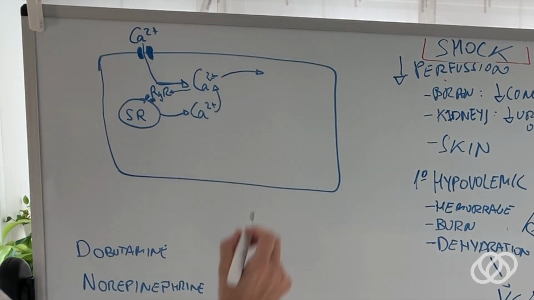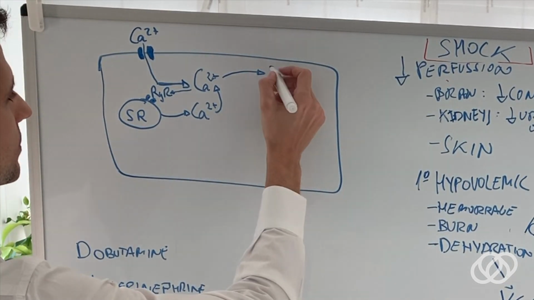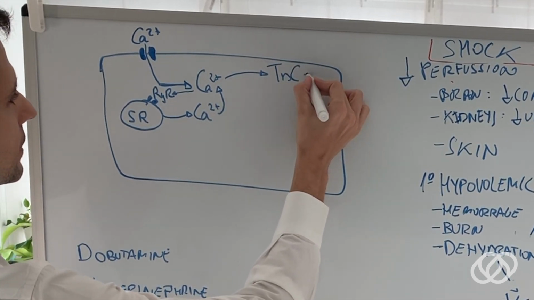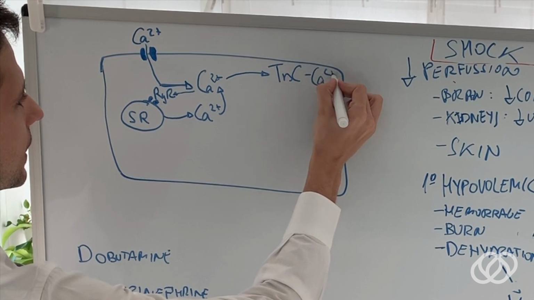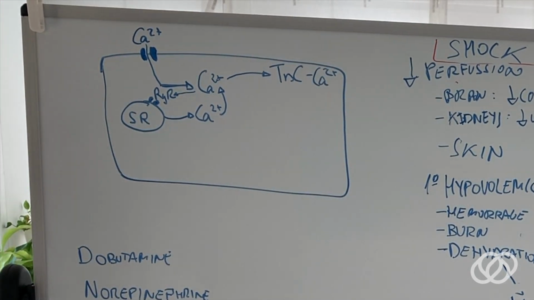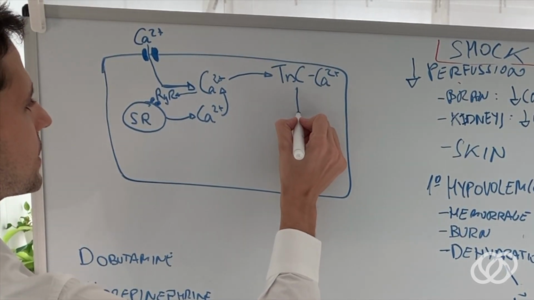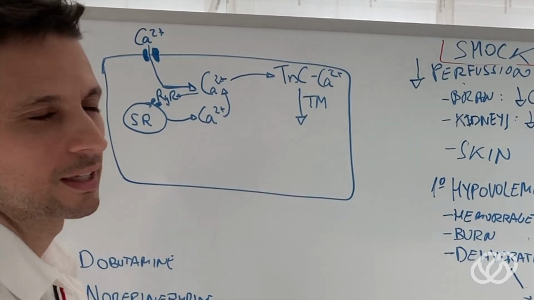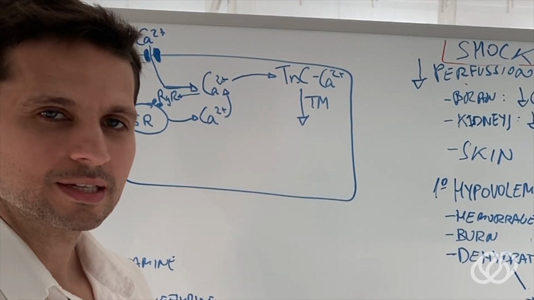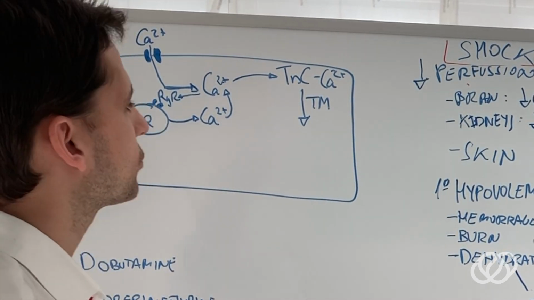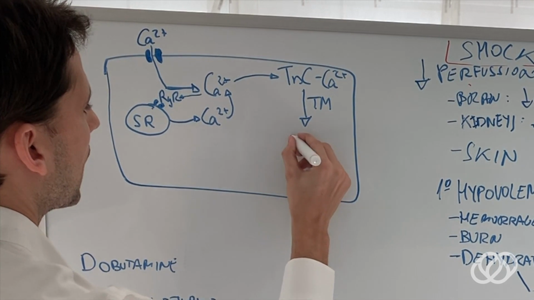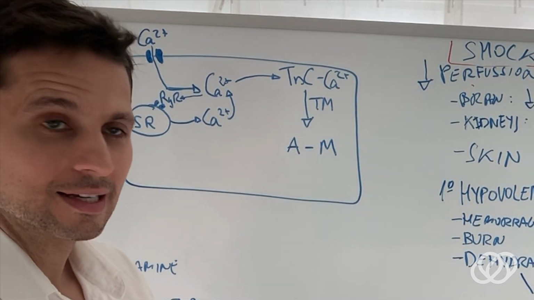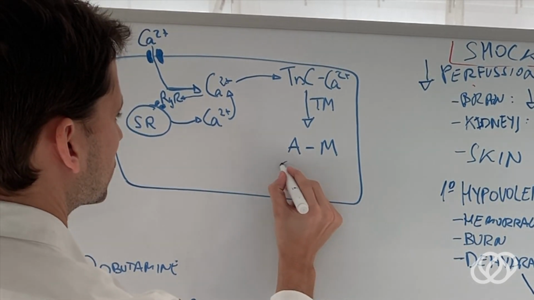Then this calcium, when it's in the myocyte, joins to the troponin C. When they join, it makes the tropomyosin that is in the middle of actin and myosin move away, so it allows actin and myosin to connect and start the contraction.